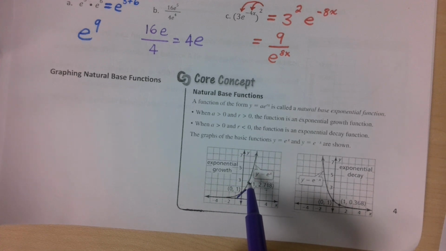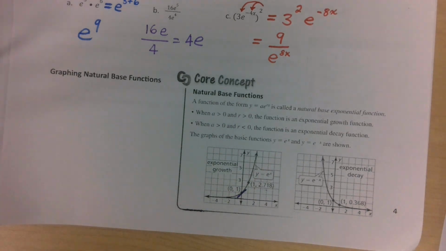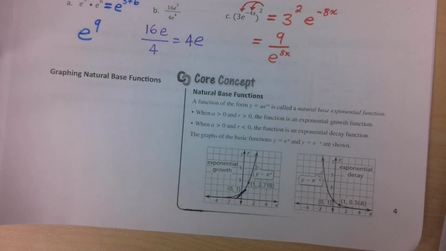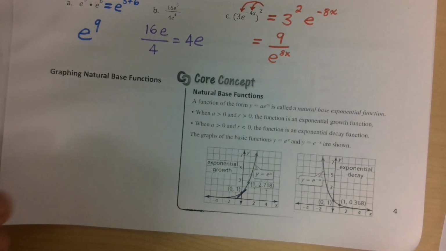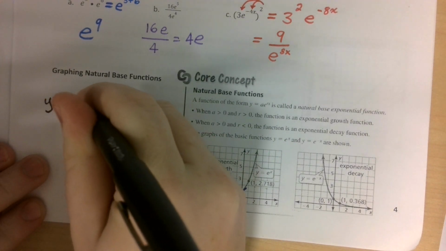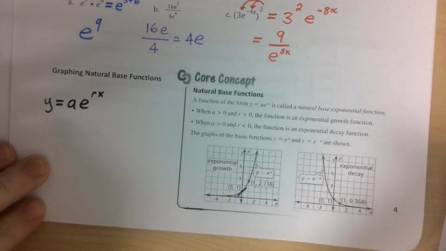This small section here is a slope of e. What this means is we can create this very natural-looking exponential growth and exponential decay curve. Natural as in natural base. The function is, as you can read from here, y equals a e to the rx power.